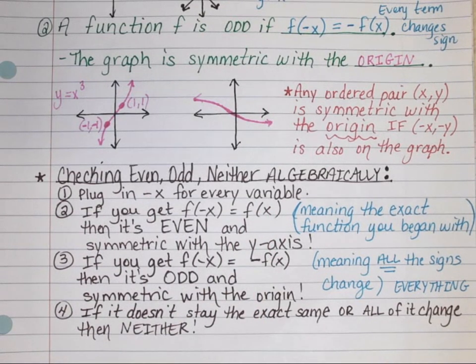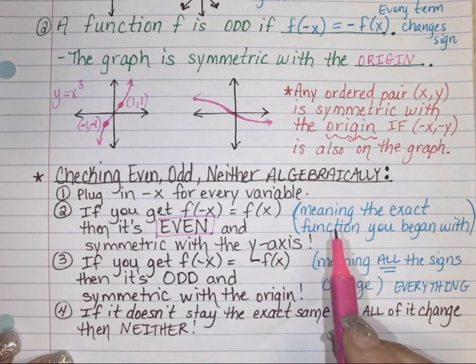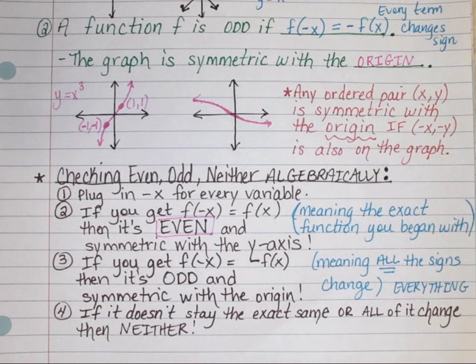Here's how you determine if it's even. If you get the exact same function you begin with when you plug in -x and simplify, it is an even function. So meaning that everything in that entire equation stays the same. Same sign, same exponent, everything.